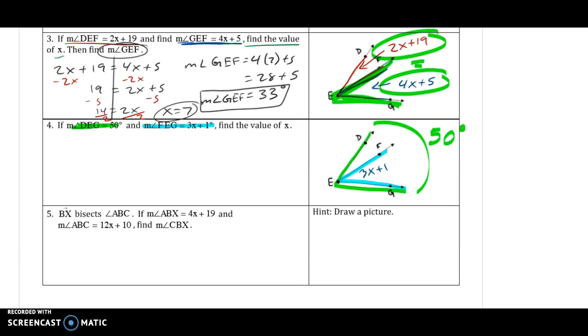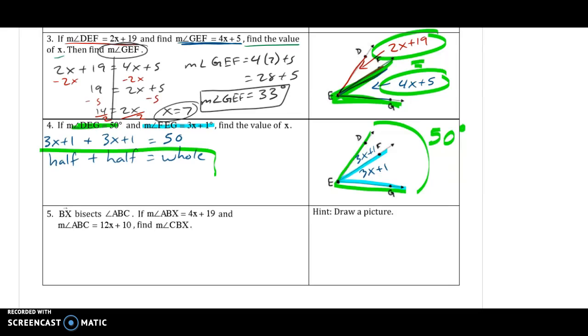But now, I can't just do this, because this says that half equals whole, and that's not true. So what I need to do is I want it to say half plus half equals whole. So in this problem, 1/2 is 3x plus 1, plus the other half is also 3x plus 1, and that equals 50, which is the whole thing.